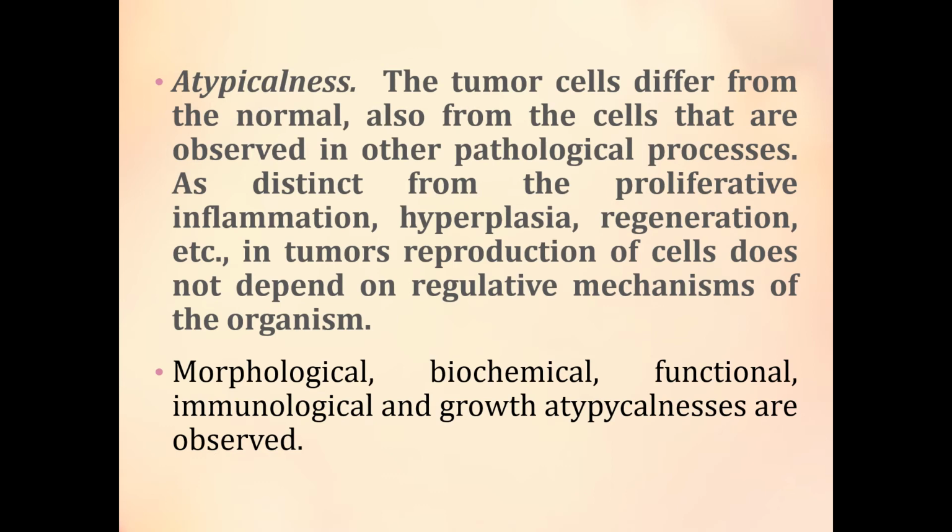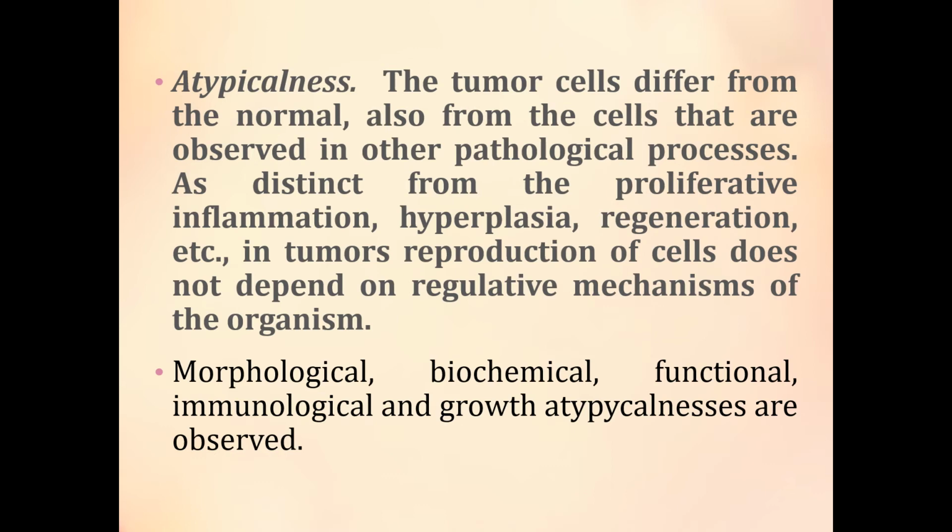Atypicalness is a qualitative and quantitative difference between the cell and tissue from the original normal and pathologically altered cell and tissue. For example, in hypertrophy, atrophy, dystrophy, metaplasia, changes occur, but the atypicalness of the tumoral cell completely differs from this type of change.